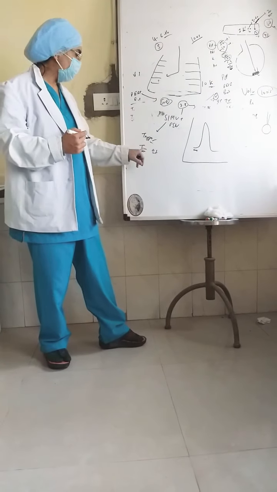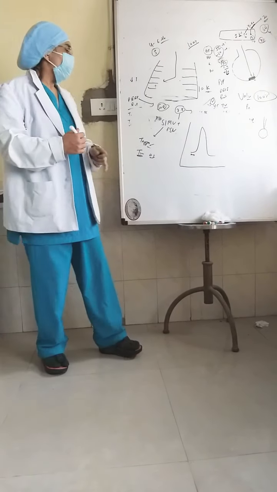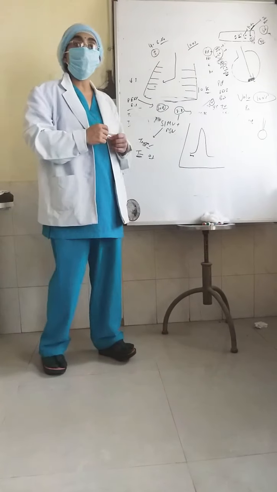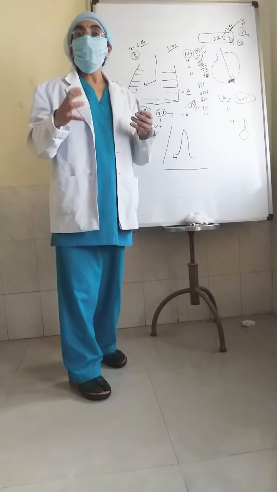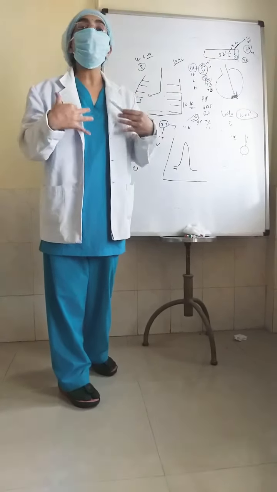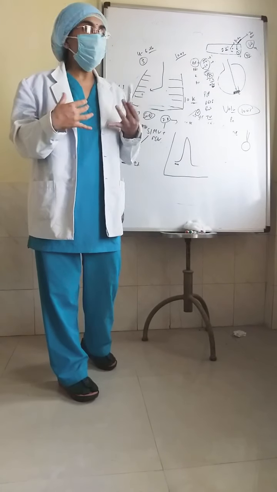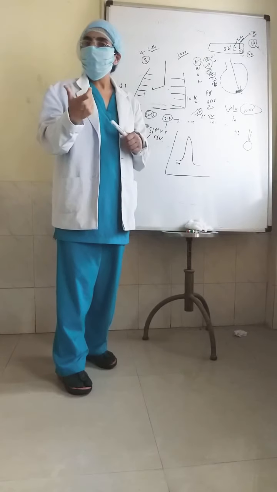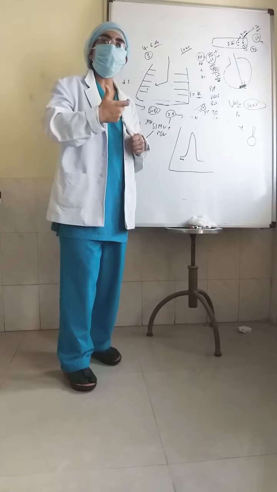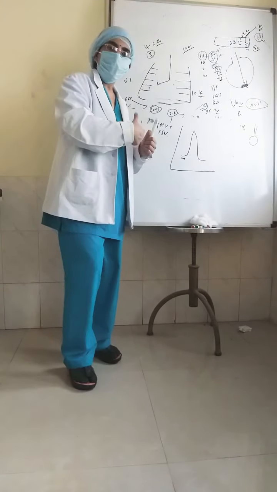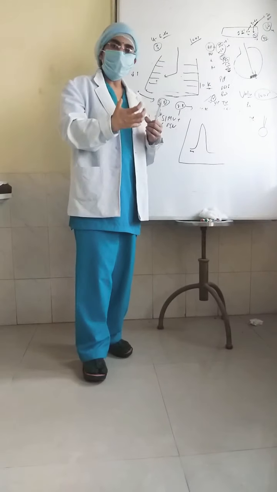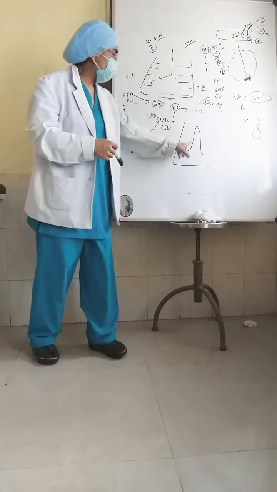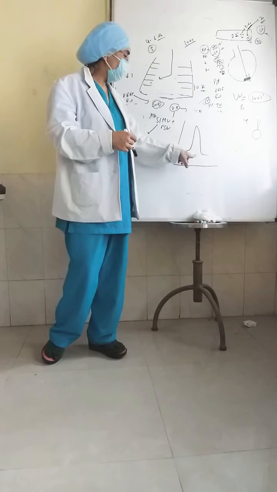There can be time triggering, flow triggering. Why is trigger important? Because here we want to wean the child. We want the patient to breathe. And how do we know the patient is breathing? By its flow. So flow trigger is better. The ventilator will trigger once there is a flow change, or once the patient initiates breathing, the ventilator is going to deliver its breath. This is called flow triggering.